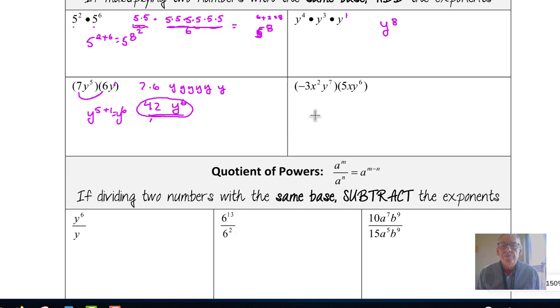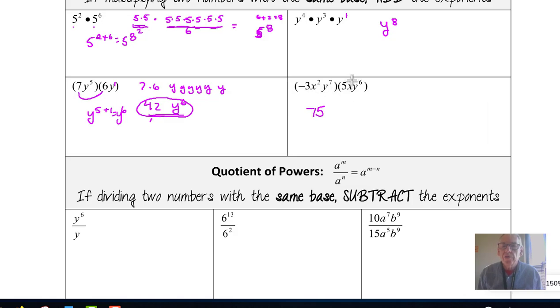Let's look at this next one. We have a negative 3 times. Now notice that there are no exponents outside the parentheses. That's a different pattern that we'll get into. But what we have here is 2 groups multiplied together. The numbers go together. Negative 3 times 5 makes a negative 15. And then the x's go together.